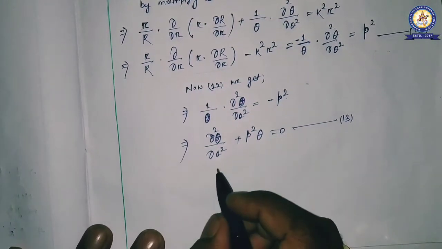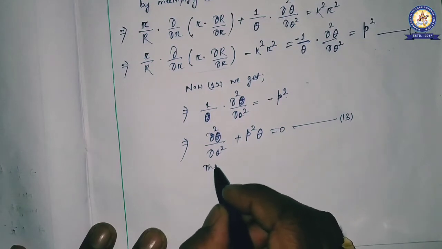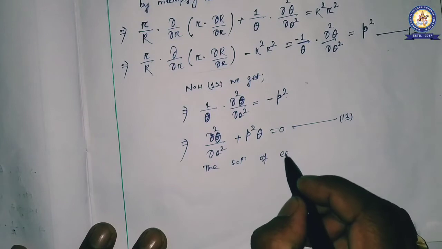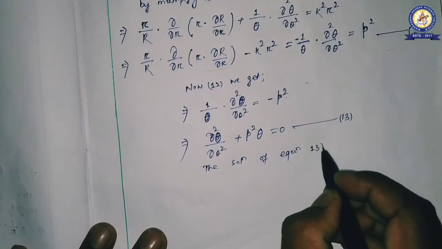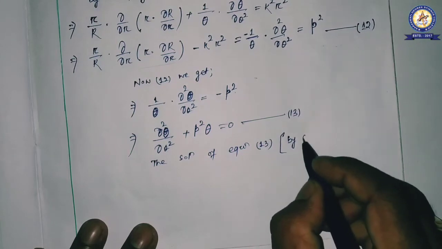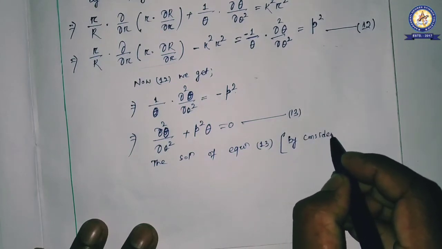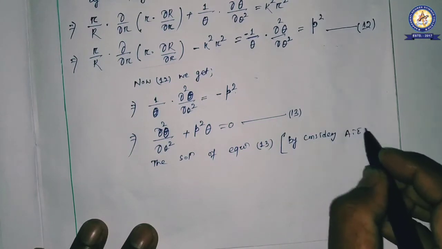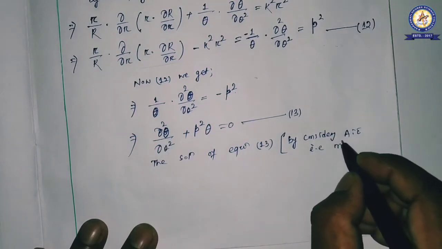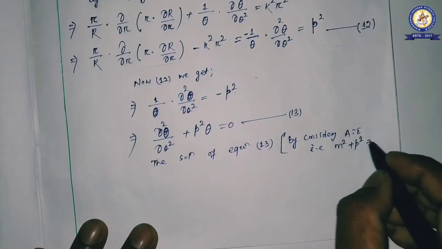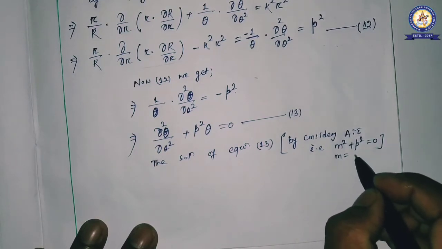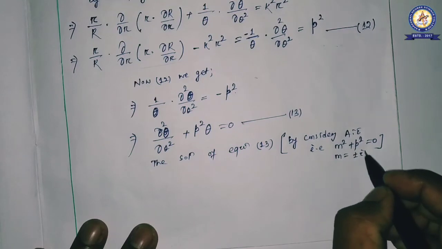Now the solution of this equation number 13: by considering the auxiliary equation, that is m square plus small p square equal to 0, the roots are m equal to plus or minus ip.